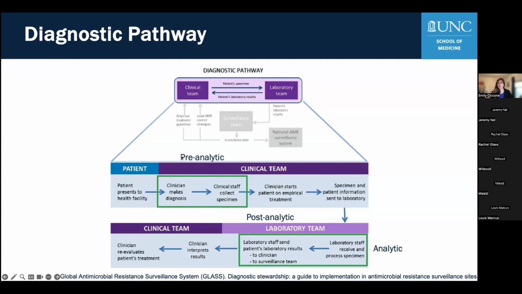Those are opportunities for diagnostic stewardship like we discussed. And then next, the clinician starts an empiric treatment, they send the specimen to the laboratory, and then this is where the analytic point comes in, how the laboratory receives and processes the specimen, and then post-analytic, how they report the results that the clinician then interprets and makes adjustments to the patient's treatment.